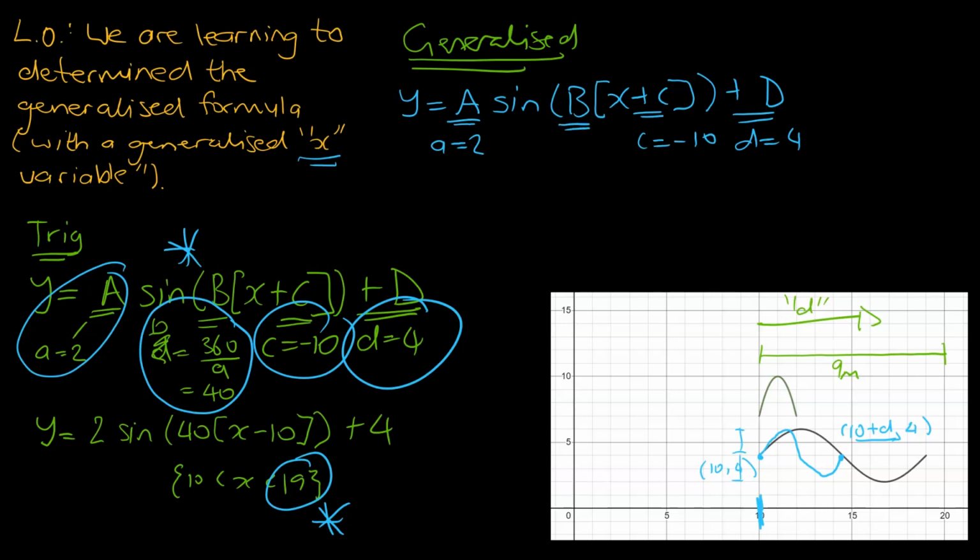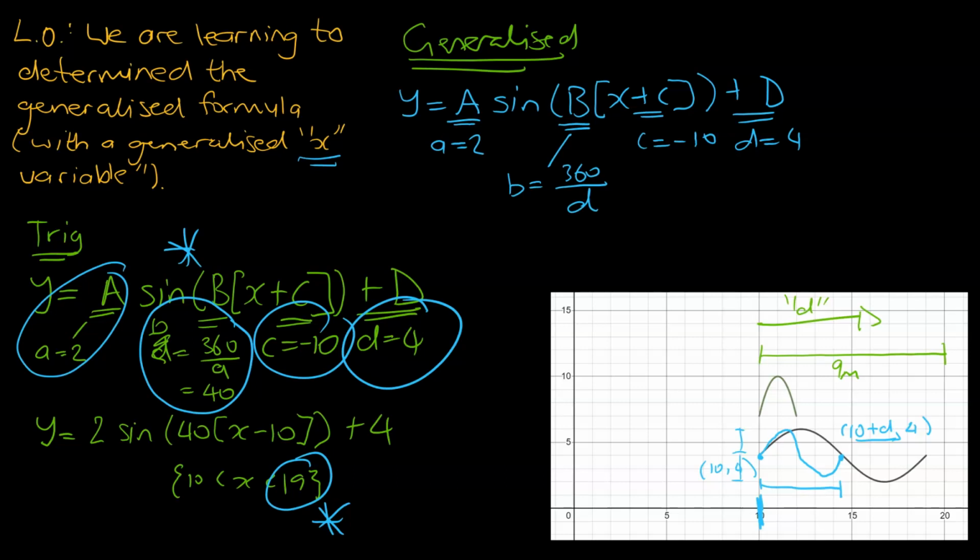But what has changed is the B value. So B is going to be equal to 360 divided by how long it takes to complete a revolution. And in our case, that revolution now takes d units, or the distance is d. So 360 divided by the distance.